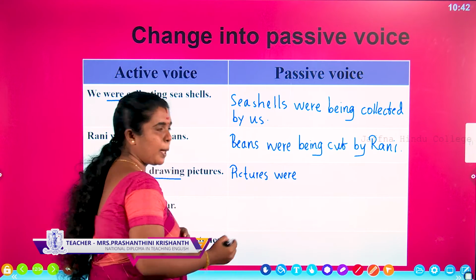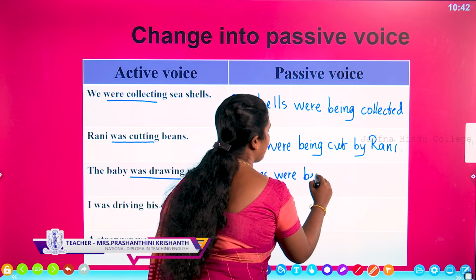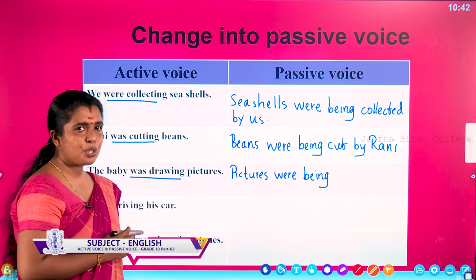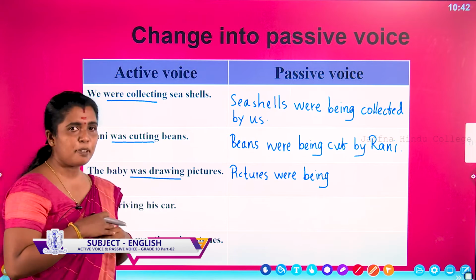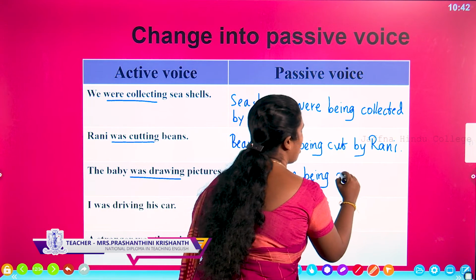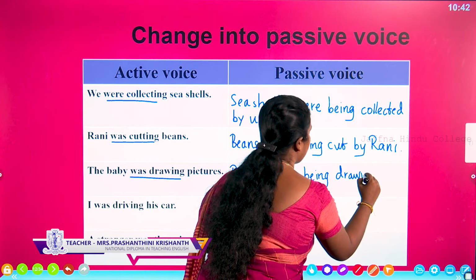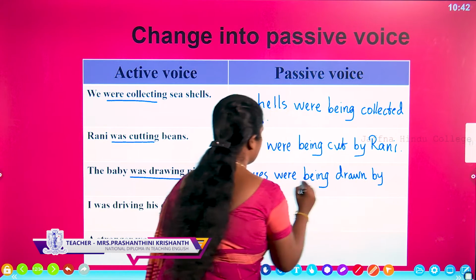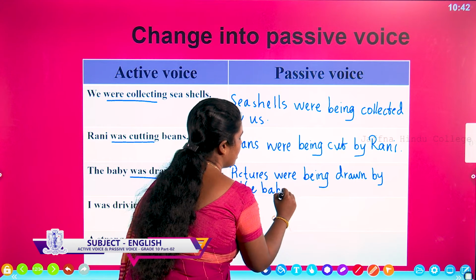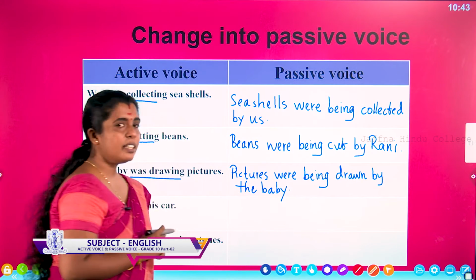Next we have to add being. So the main verb, draw. So what is the past participle form of draw? Drawn, right? Pictures were being drawn by the baby. The baby is the doer. By the baby.